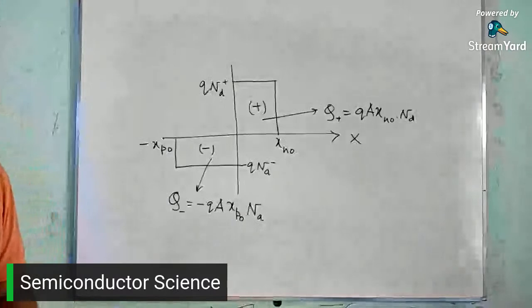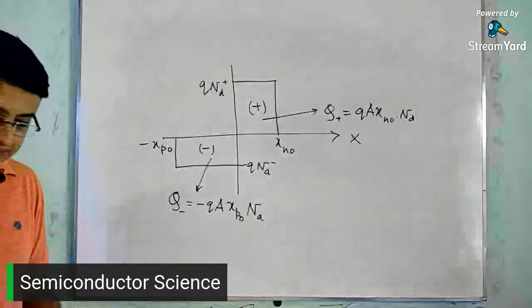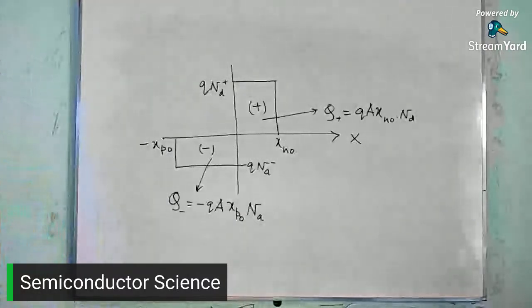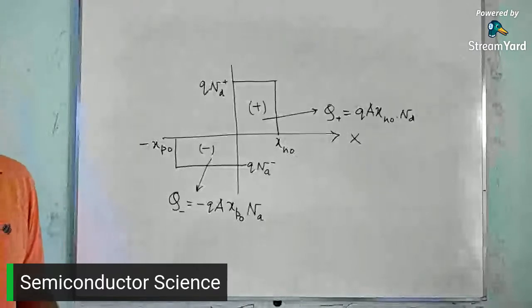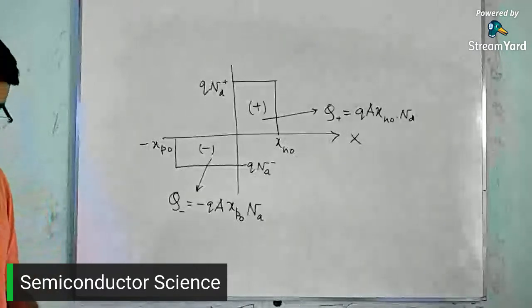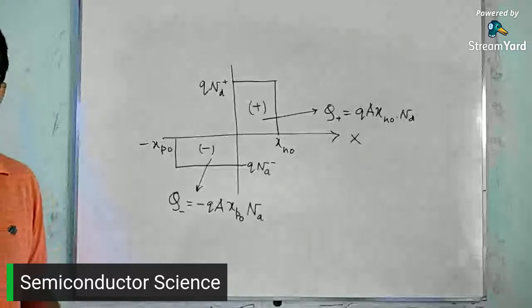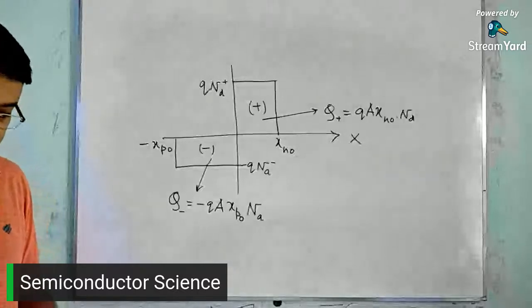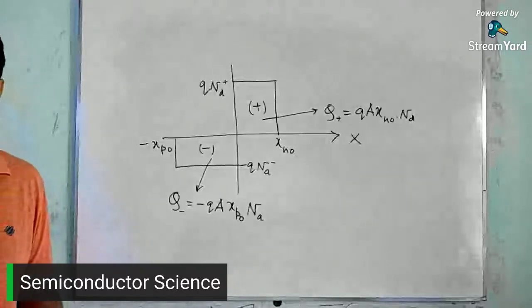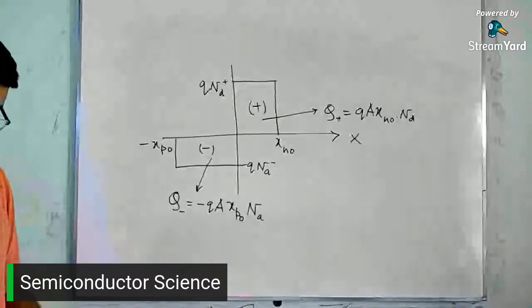So the charge density on the n-type side is just q times the concentration of donor ions Nd, and the negative charge density on the p-type side is minus q times the concentration of acceptors Na.